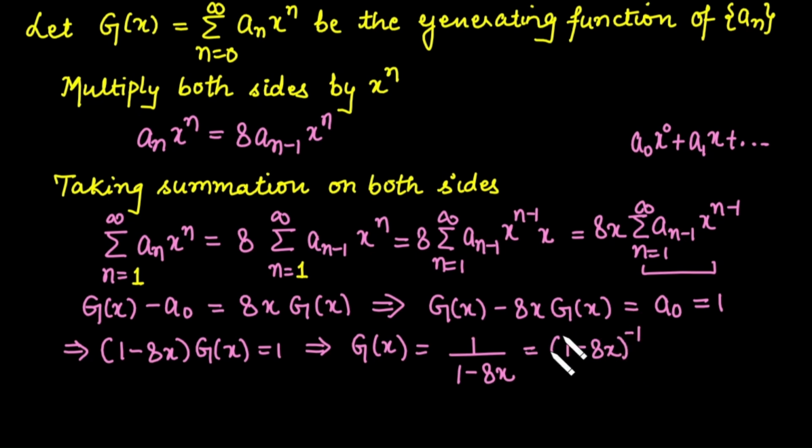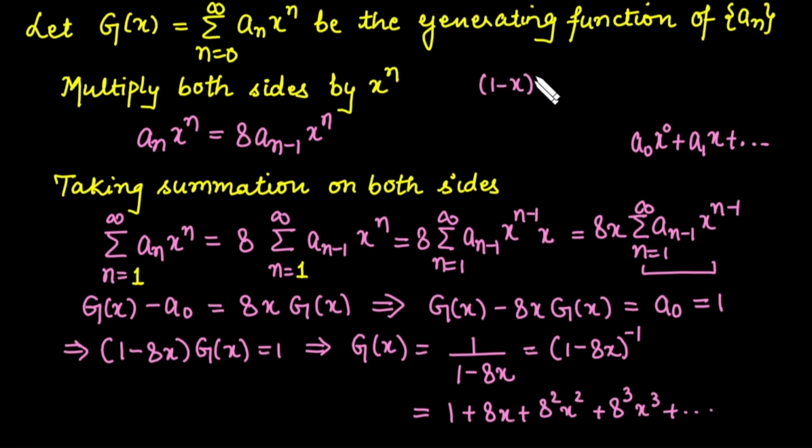Expand this. What is the expansion of this? This is equal to 1 plus 8x plus 8 square x square plus 8 cube x cube and so on, because it is of the form (1 minus x) raised to power minus 1, that is equal to 1 plus x plus x square plus x cube, and in place of x we have 8x.